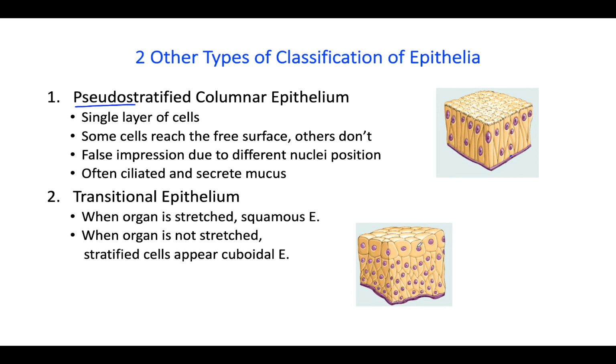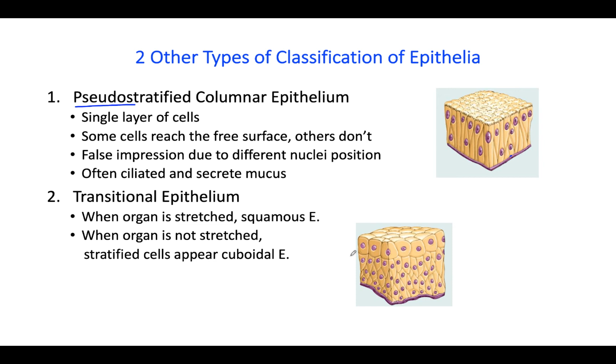Now, when the organ is not stretched, the squamous epithelial cell goes back to its original shape, such as a cuboidal epithelial cell. This epithelium undergoes a transition in shape. Therefore, we call this kind of epithelium transitional epithelium.